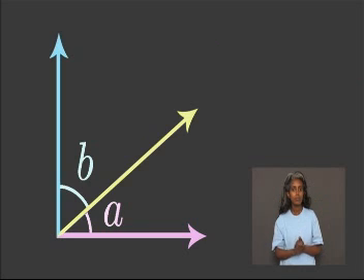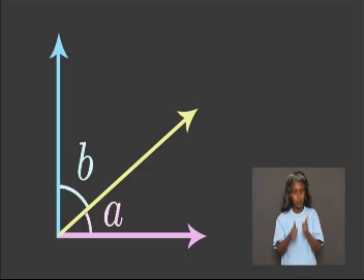A pair of angles are complementary if the sum of their measures is 90 degrees. If the two complementary angles are adjacent, which means that they have a common vertex and share just one side, their non-shared sides form a right triangle.